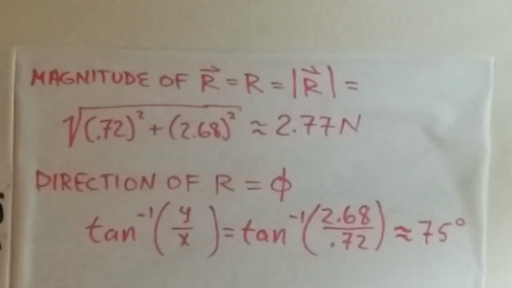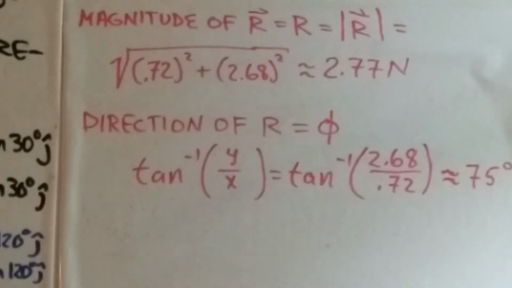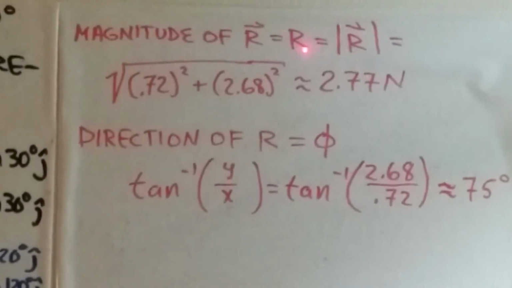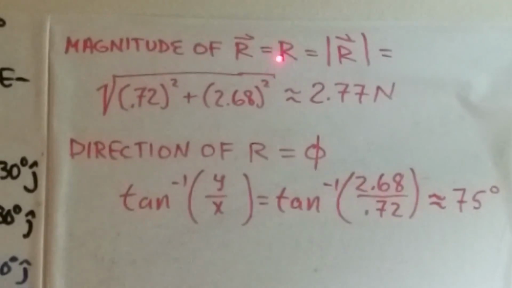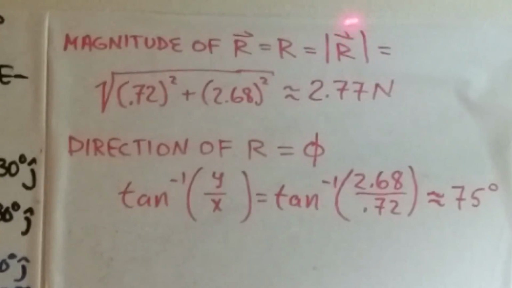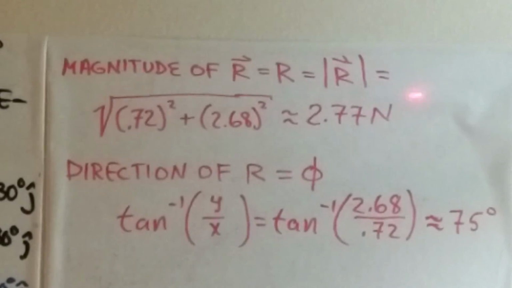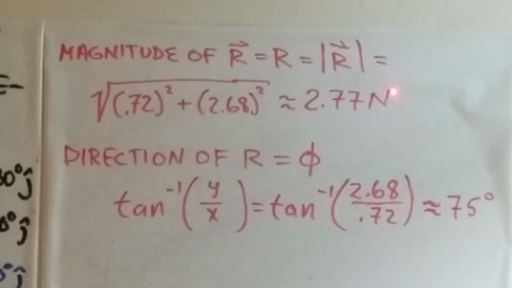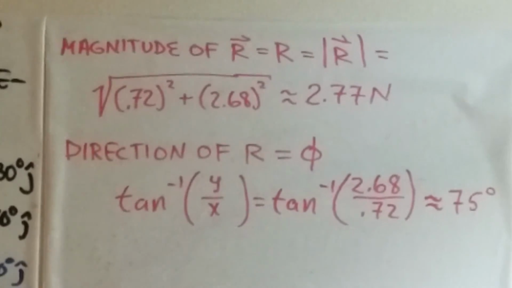And so finally, what we want to do is figure out the magnitude of R. So the magnitude of R is equal to, remember, if I don't have a vector above it, or if I put it in absolute value signs, and some books may just write it out without either one of these, so just pay attention to your book.